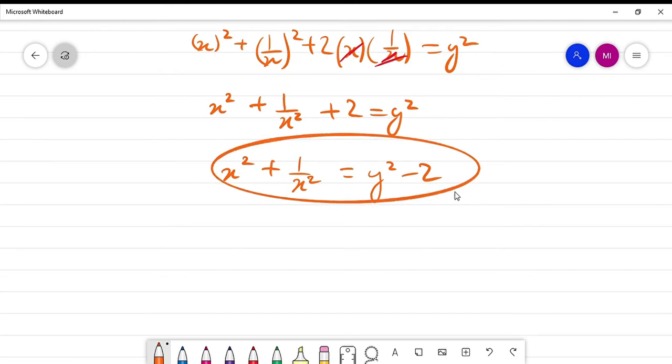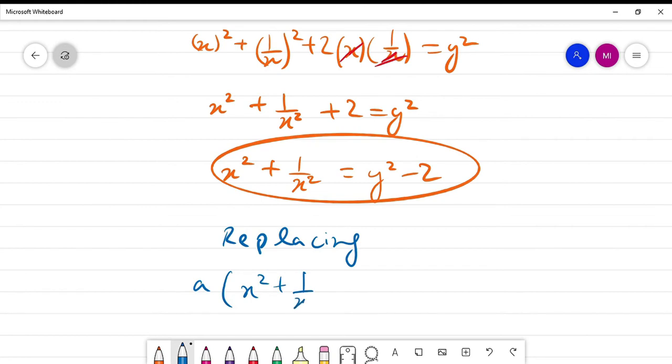And now replacing, we had a into x squared plus 1 over x squared plus b into x plus 1 over x plus c is equal to 0.